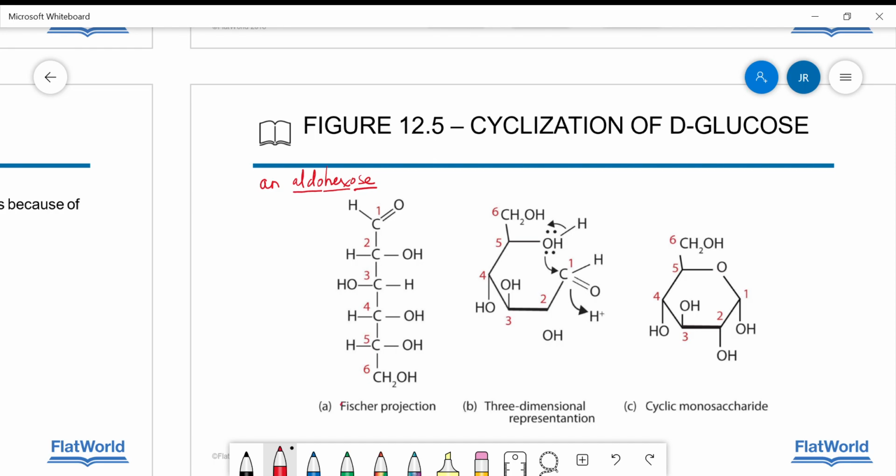It's not really a Fischer projection, so I would beg to differ with that. So I'm going to get rid of Fischer projection there. We'll draw the Fischer projection of this right now. Essentially, if I were to draw that as a Fischer projection, I would do this.